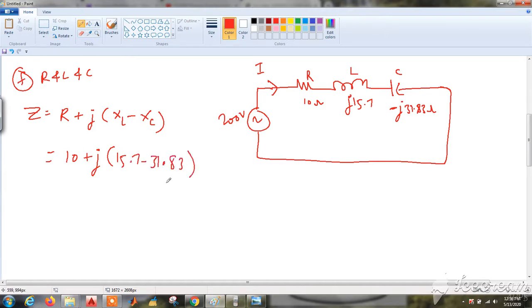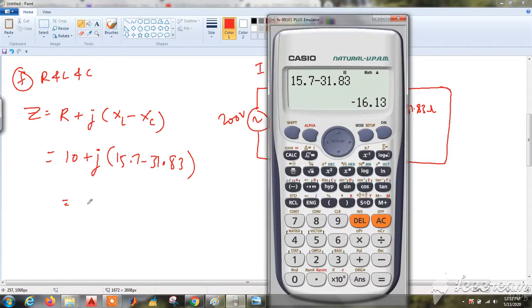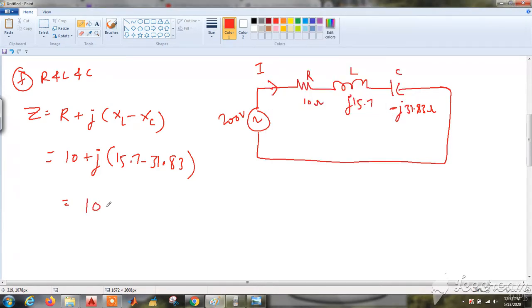We will get 10 minus j16.13 ohms. We can see here the capacitive reactance is dominating more than the inductive reactance, that is it is greater than the inductive reactance. So that's why the overall impedance capacitive reactance is more, so we are getting minus here.